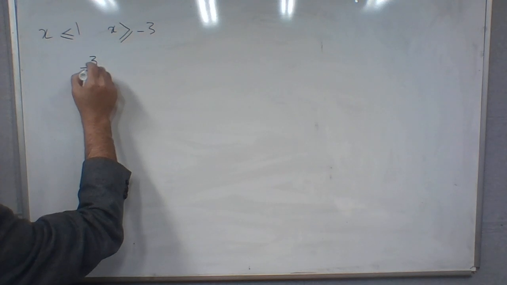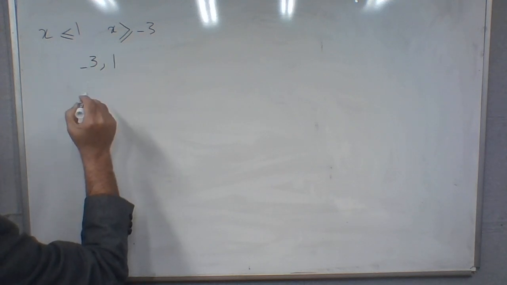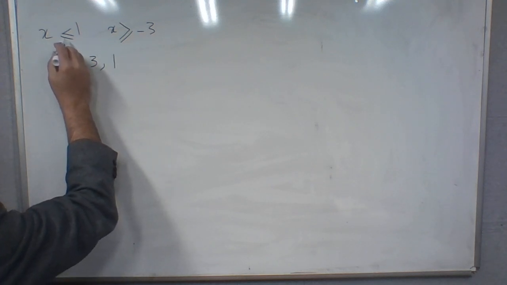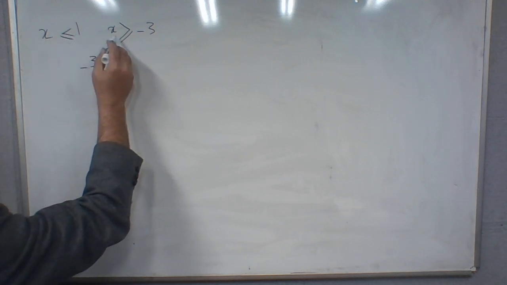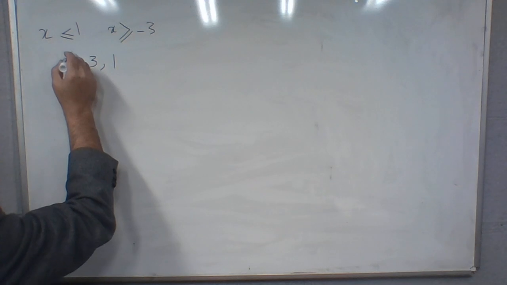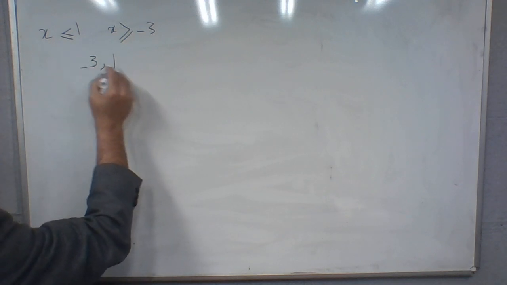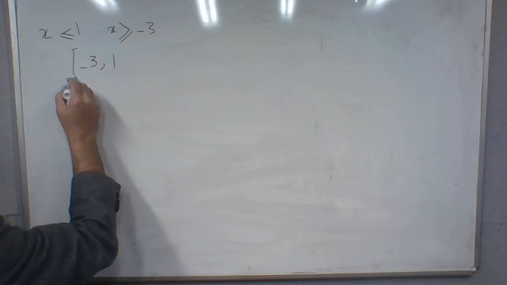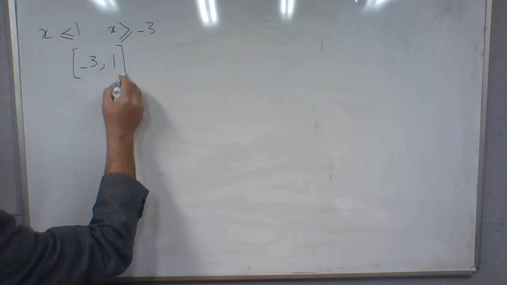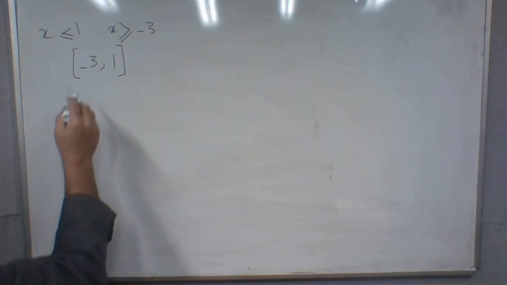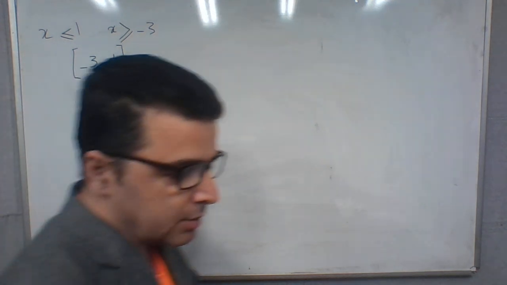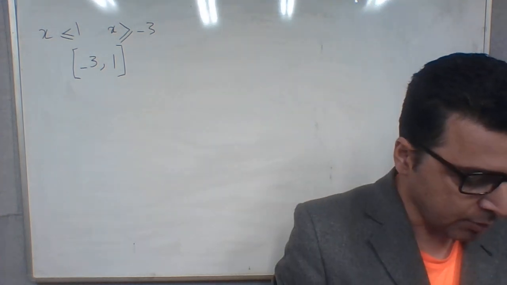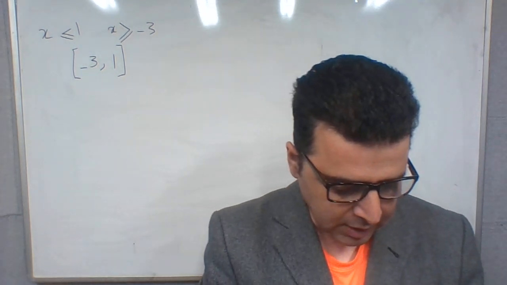So negative 3 and 1, and then we have equality for both. So x can be 1 and x can be negative 3. So instead of parentheses, we put brackets. So this is the interval from negative 3 to 1, and this is the answer for question number 1.